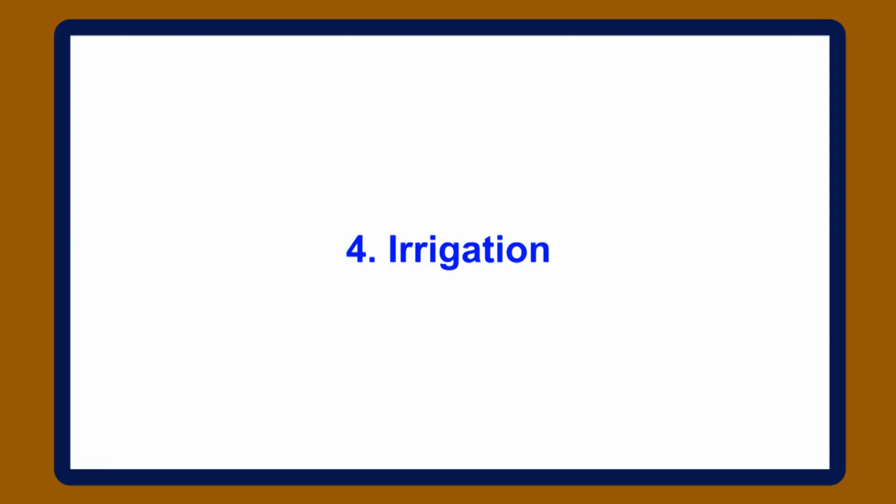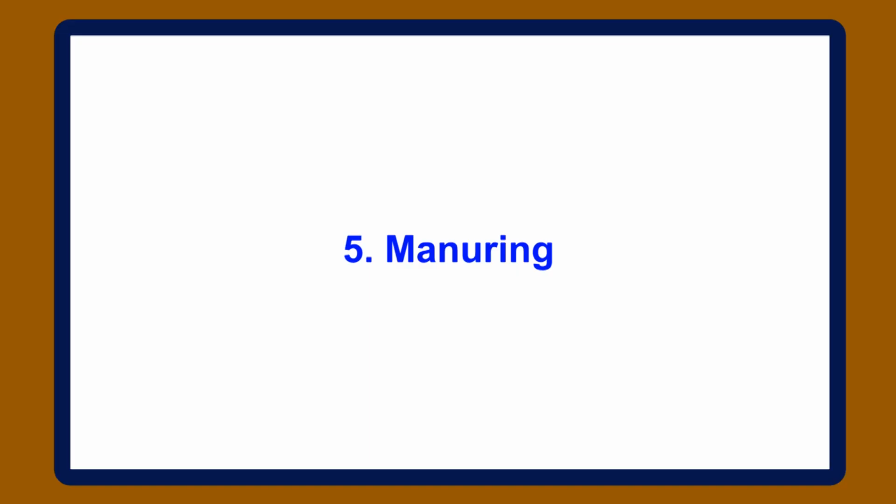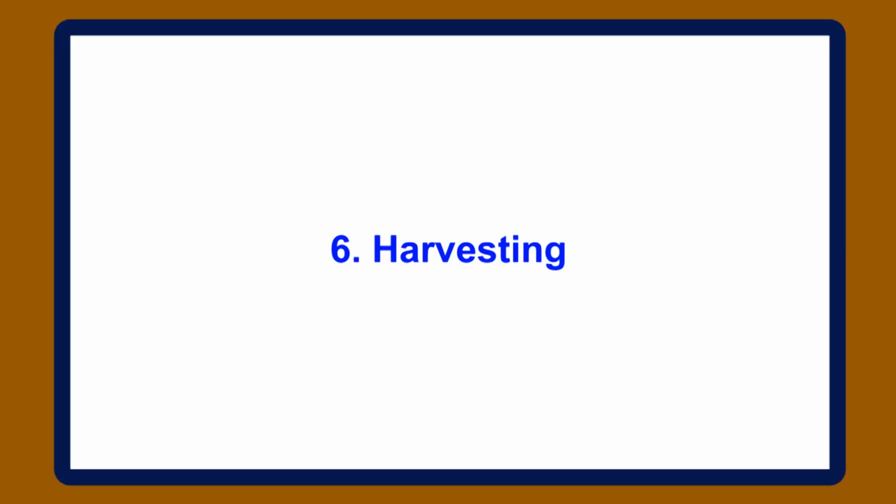Number 4 is irrigation. Number 5, manuring. Okay. Number 6, harvesting. Number 7 is sending the crop to the sugar factory.